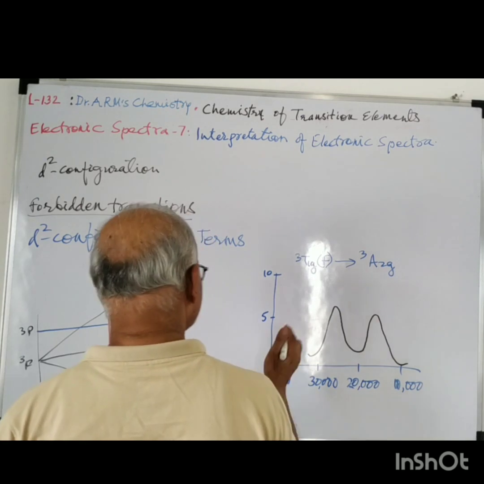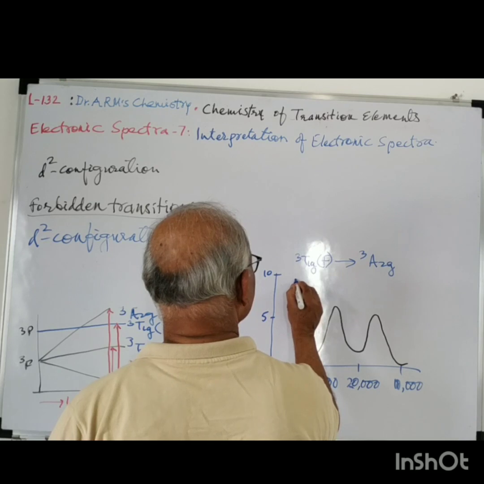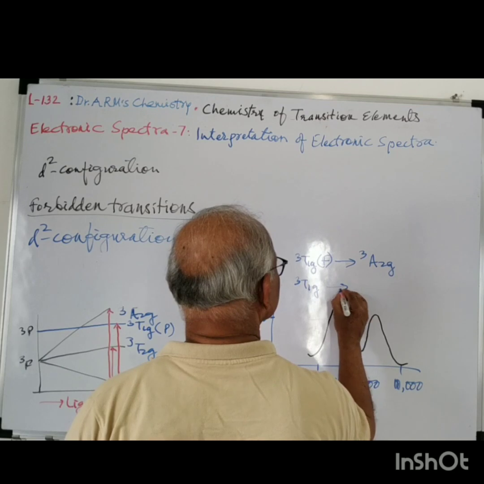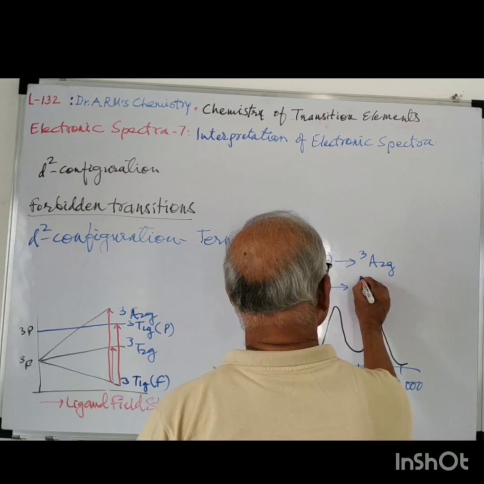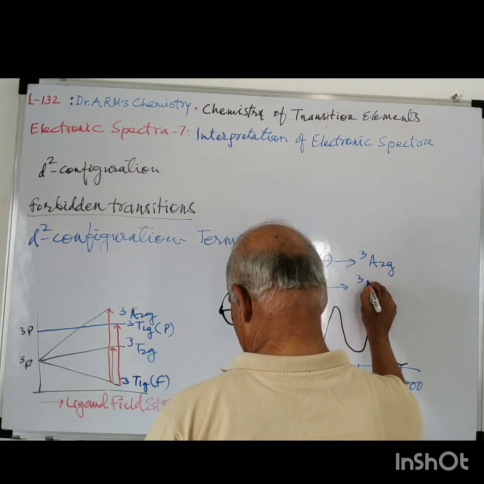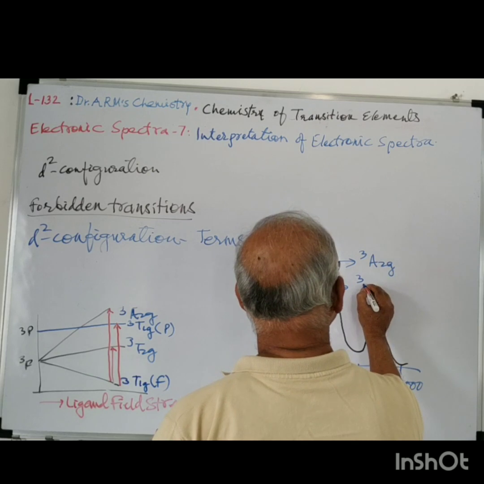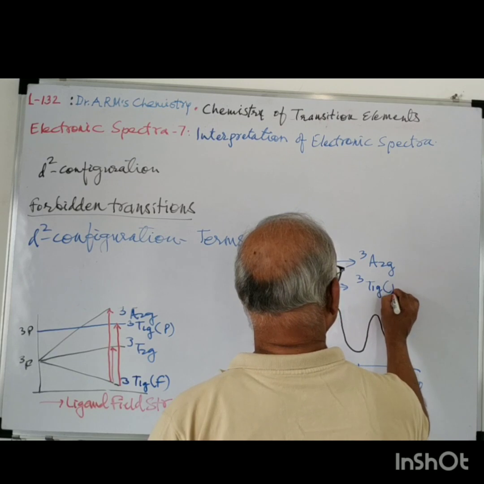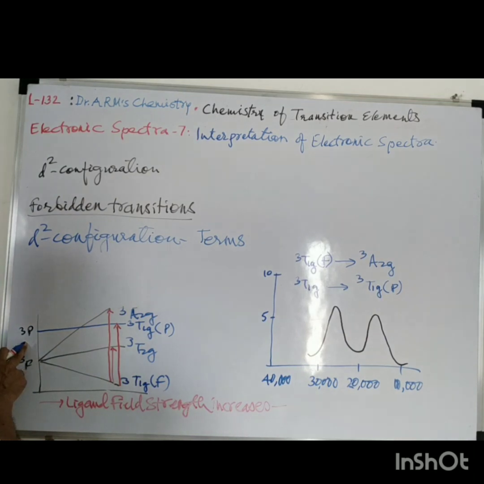Similarly, there is a second transition, from triplet T1G to triplet T1G of P, which arises from the 3P state.